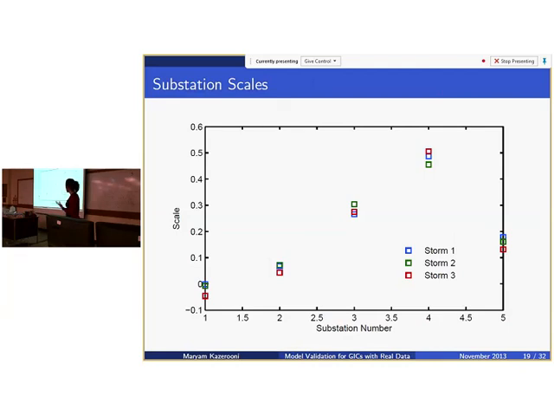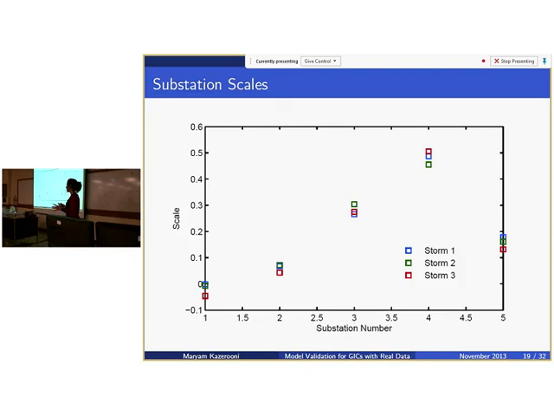To have a better estimation, we used the GIC data for 3 different geomagnetic storms. And here you see that for all of the storms, we're getting the same scales, which is good. The interesting observation was that at substation 1, we're getting 0 scale for all the storms.